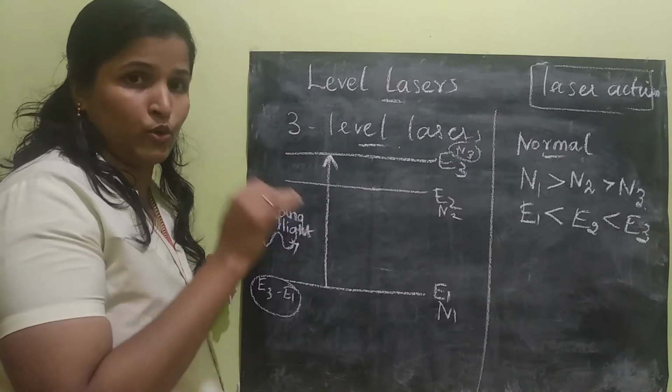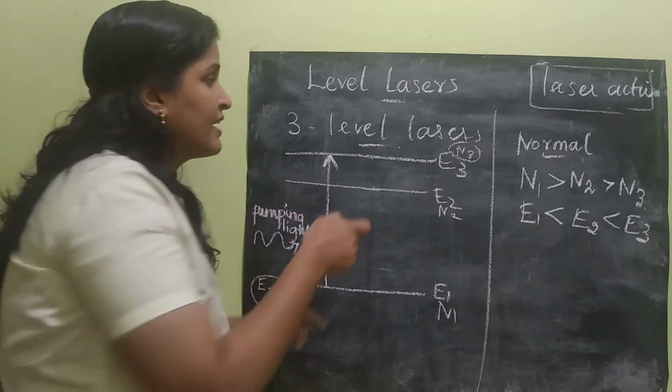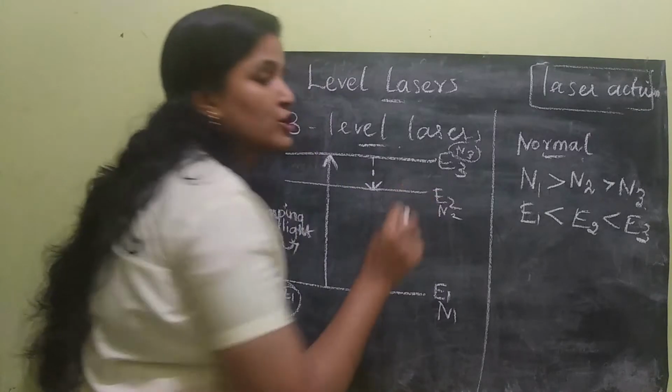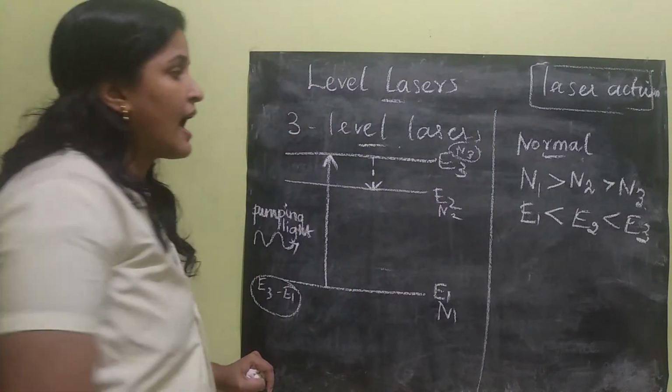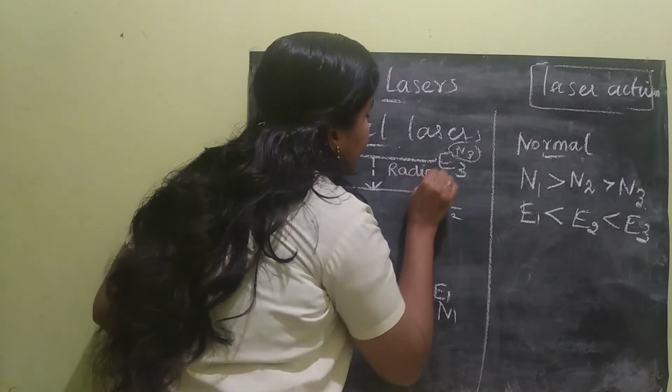As soon as it reaches E3, since the lifetime of the electrons in E3 is very, very low, because of the thermal vibrations and all, it immediately goes to the E2 level. We call this decay radiationless decay.